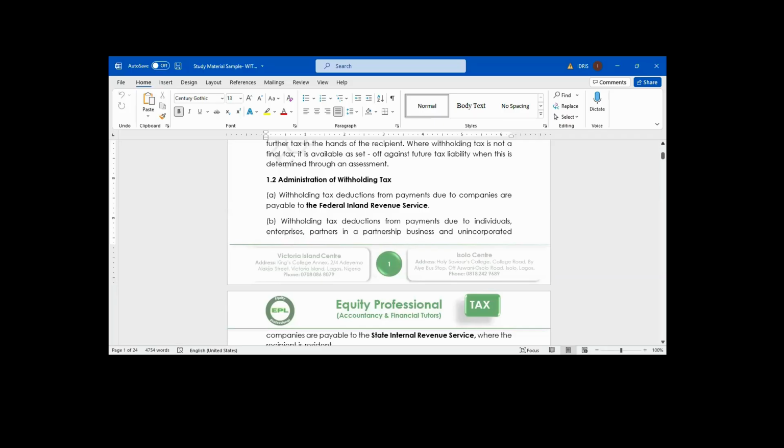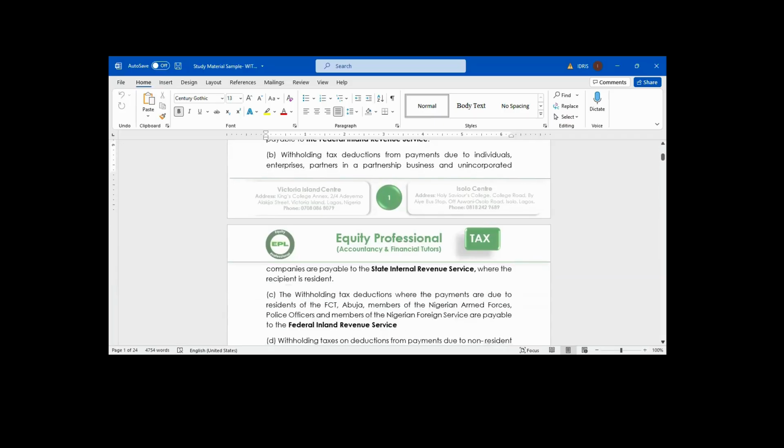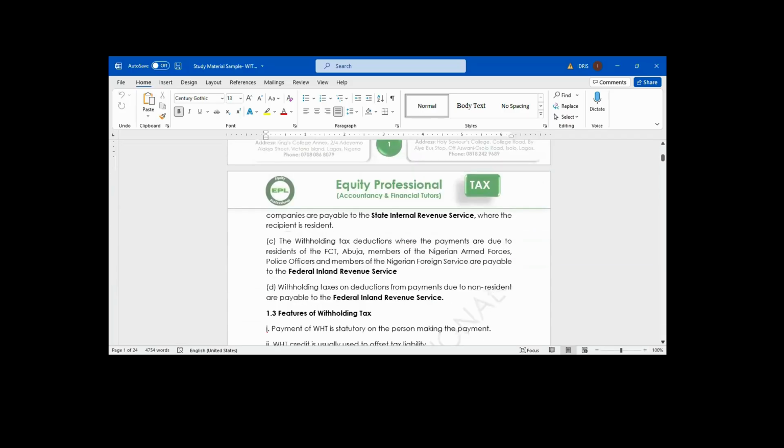But if the receiver of the income is an individual, the withholding tax will be deducted and remitted to the State Internal Revenue Service. So this is the administration of withholding tax.